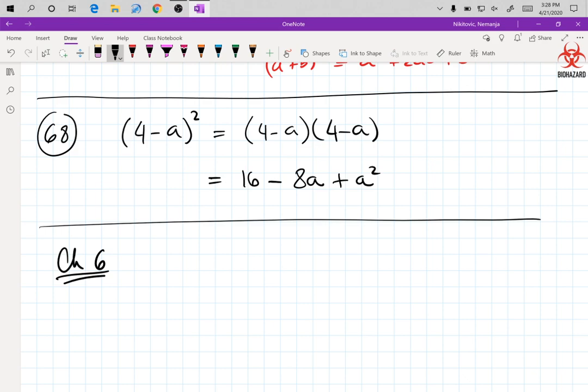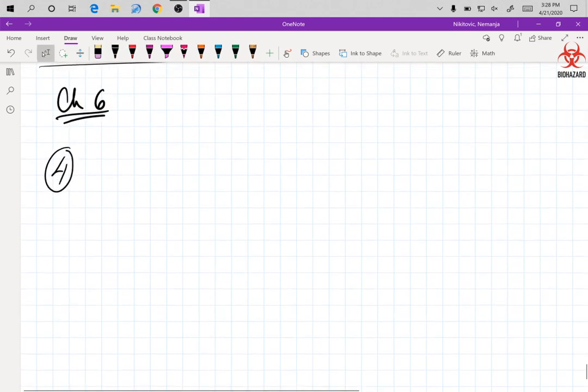So we have to be careful what sections we are working on. Let's go first and take a look at problem number 4.